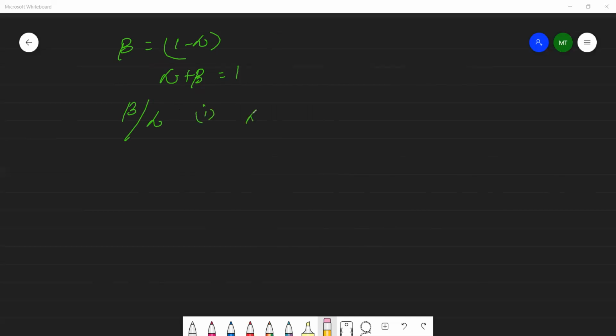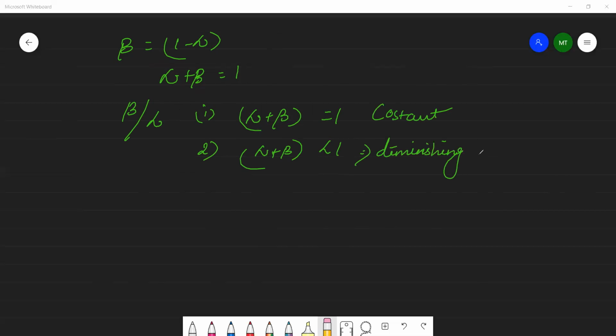First, alpha plus beta equal to 1 is constant returns to scale. Second, alpha plus beta less than 1 is diminishing returns to scale.